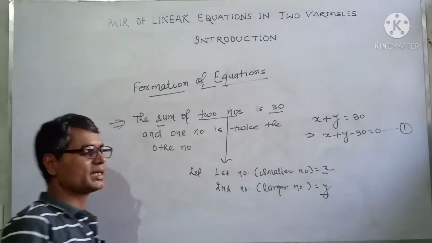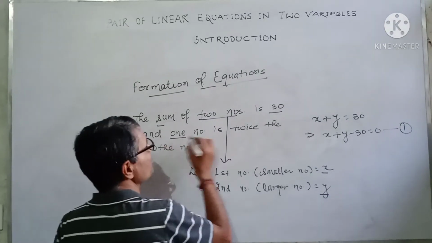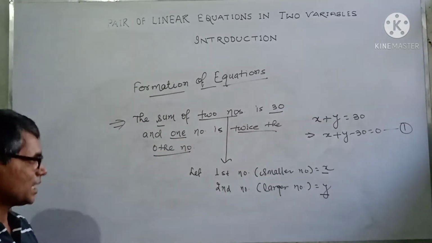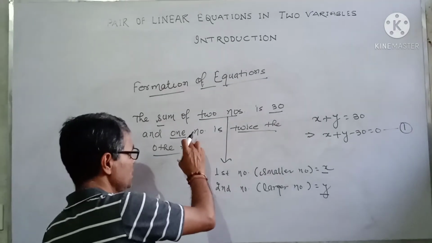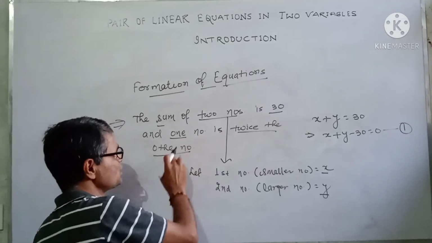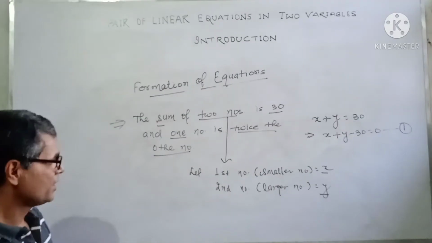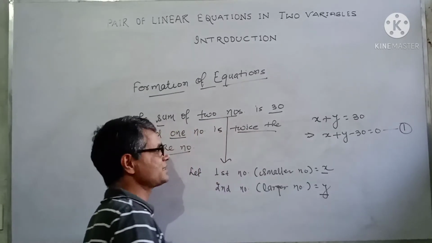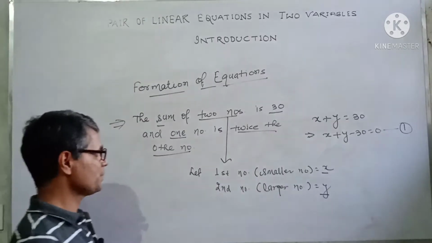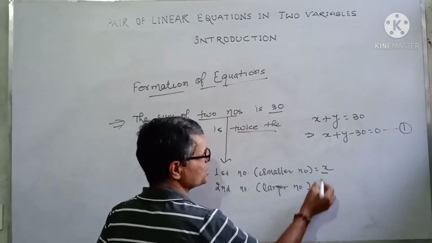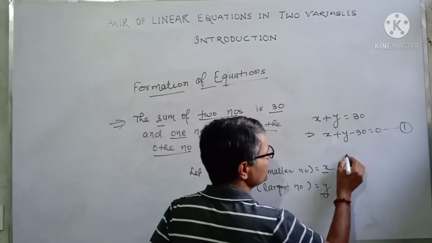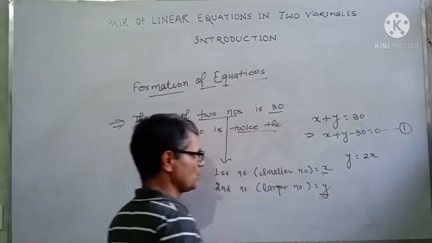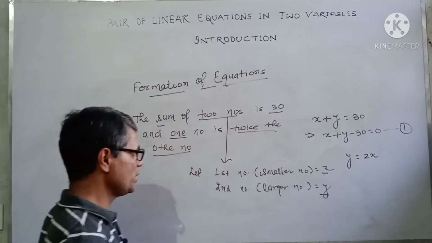The second condition states that one number is twice the other number. That means the larger number is twice the smaller number. I have taken y as the larger number and x as the smaller number. Therefore, y is equal to 2x.